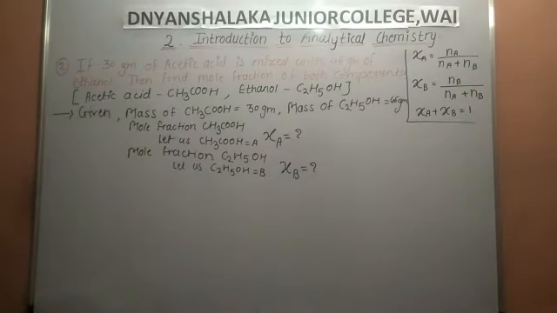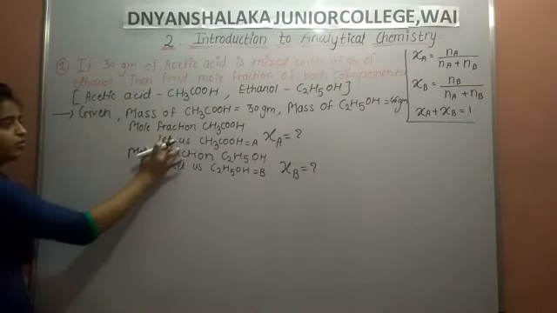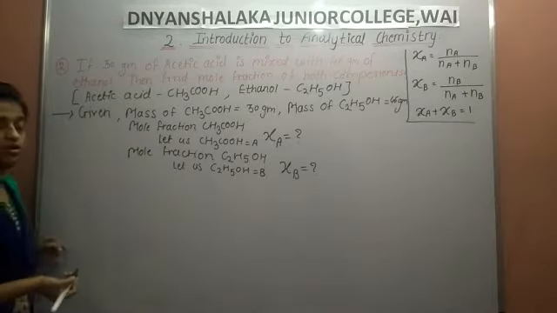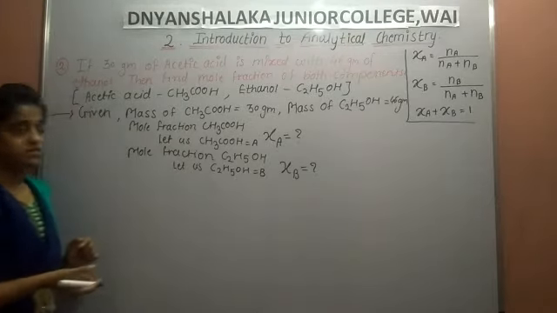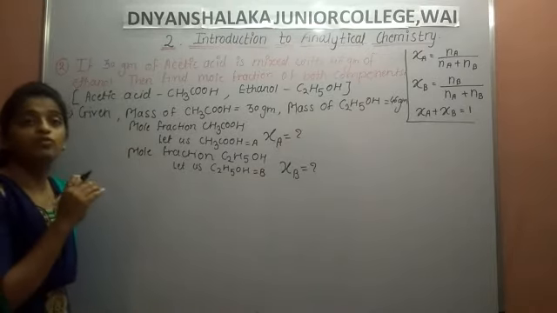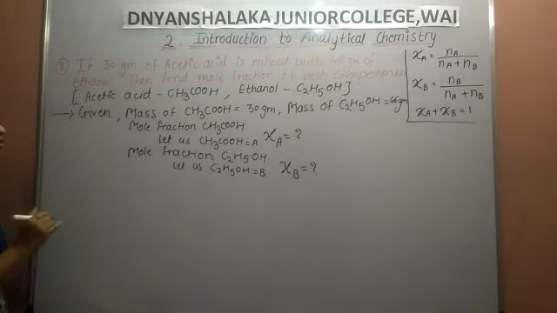So in this example, first we have to calculate the number of moles. First we have to calculate the number of moles of A component. So first we recall the number of moles formula: the first formula is given mass upon molar mass.